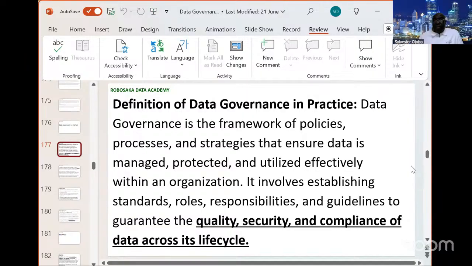You better write all of them down because I'm going to ask this question, because while we're doing this, not everywhere where you are going to be trained will you get to know this. Not many people put this aspect of the training together, because they will expect you to say, okay, well, we're talking about data governance. Okay, in your practice, what do you talk about? What do you refer to in practice? So you're talking about the framework. Have you seen when they are building a house, they prepare the frame?